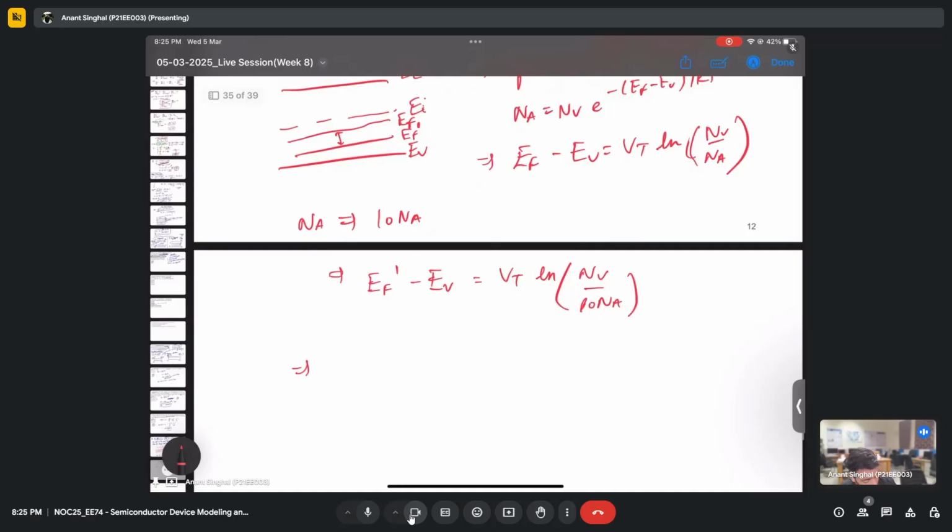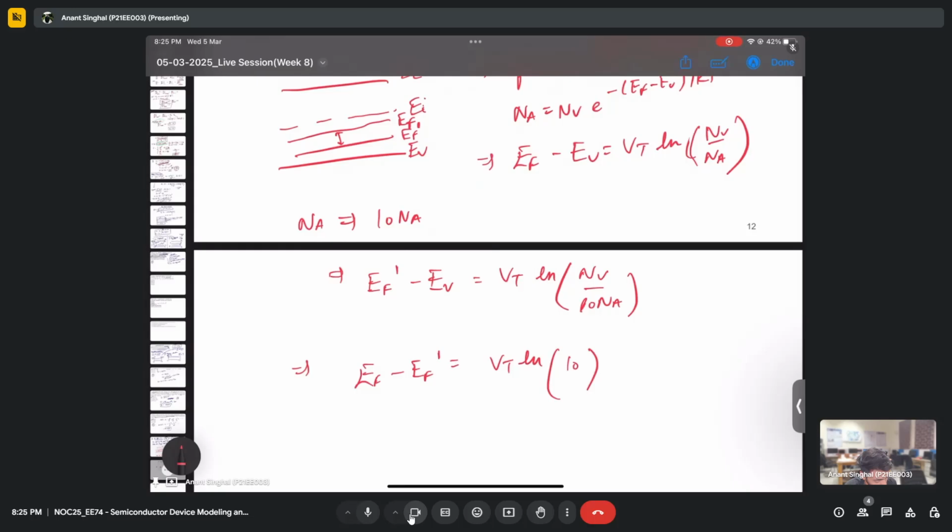If I subtract these two, EF minus EF dash will be kT ln of 10. Minus means divide, so 10 will come over.